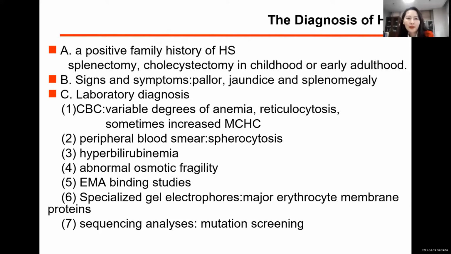These patients may have had splenectomy or cholecystectomy in childhood or early adulthood. B. Signs and symptoms: pallor, jaundice, and splenomegaly. Some hereditary spherocytosis patients may have no symptoms.